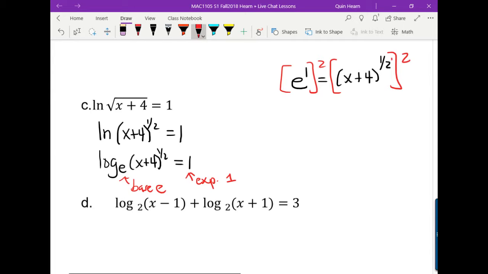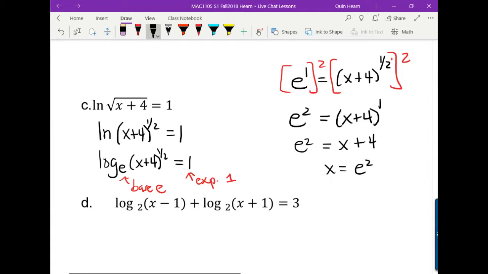This is log base e, because it's natural log, of x plus 4 to the 1/2 equals 1. So we're going to identify the base and the exponent. The base is e, and the exponent is 1. And then the argument is what that's equal to. So we have e to the 1 equals x plus 4 to the 1/2.